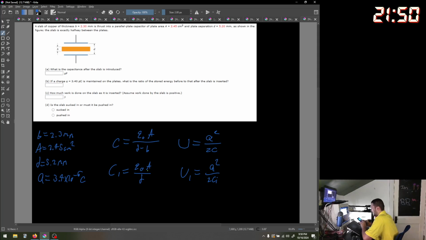Now if I do q squared, is it 0.79? And I divide this by d minus b.